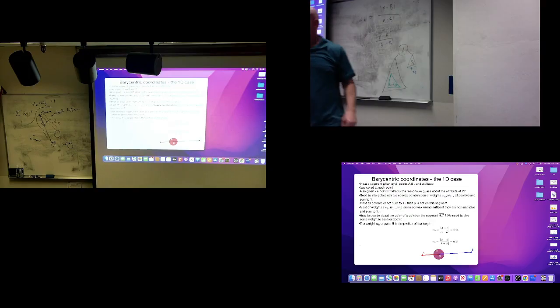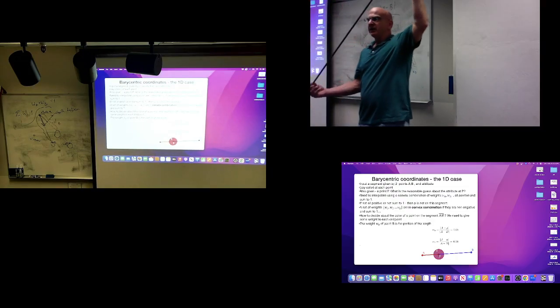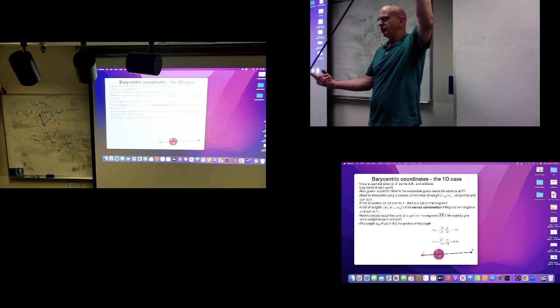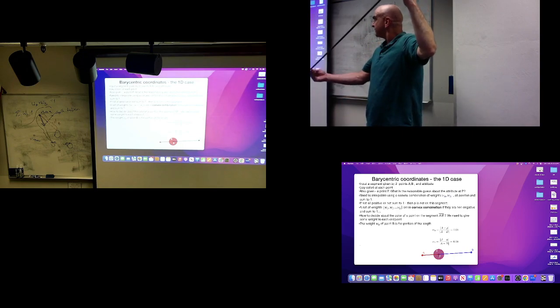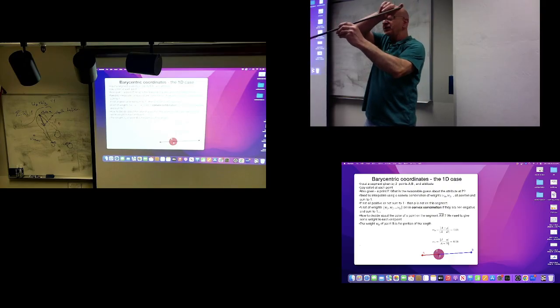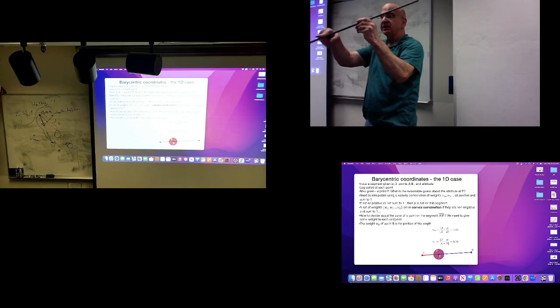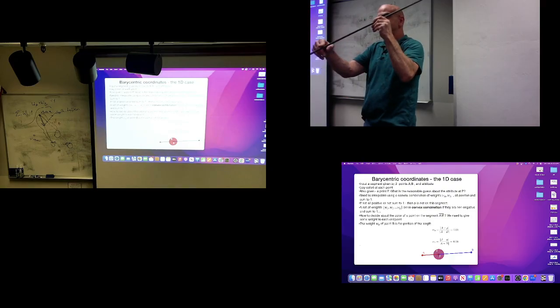And using this formula, it's great, because now you can do linear interpolation, and it will give you every point on the segment. If I take these two weights and apply them to the location of this endpoint and the location of this point, then as I change the two weights, I'll generate all the points between them.